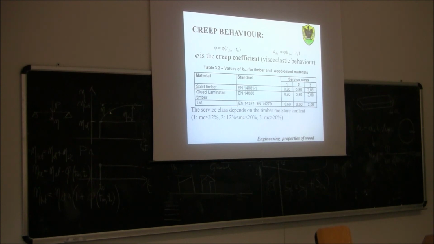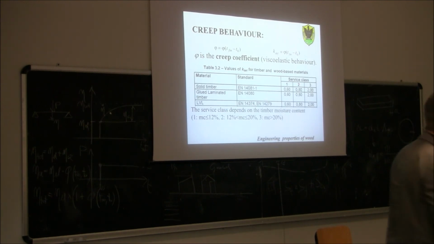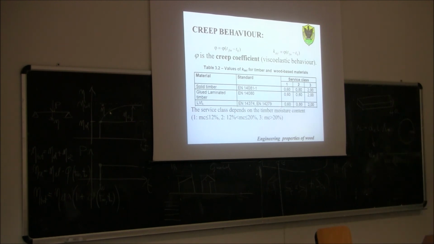You apply the load, measure 1 centimeter now, and come back after 50 years. What will be the total deflection after 50 years in service class 1? 1.6. Exactly. In service class 2, more or less the same, 1.8. Huge change in service class 3, where the 1 centimeter becomes 3 centimeters. This is another reason why it's better to avoid higher values of moisture content.